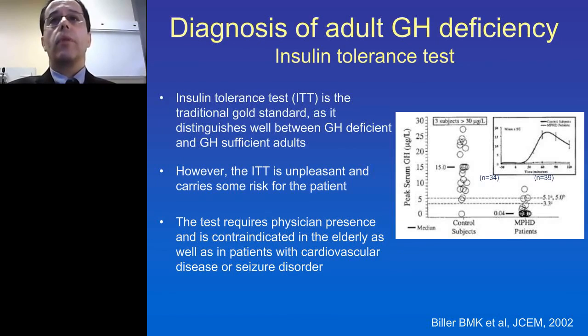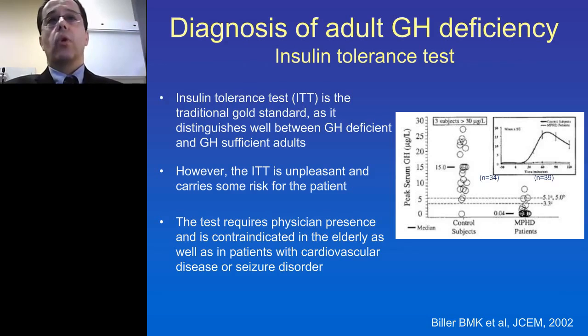The figure on the right of the slide shows you how these results look. Particularly the inset in the small figure shows you growth hormone levels in a population of healthy subjects and growth hormone deficient adults after the administration of insulin.